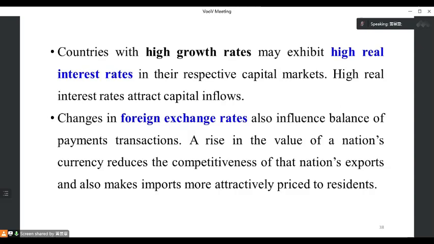So foreign exchange rate increase or decrease will influence this country's export and import amount. Finally, it will influence the balance of international payments.